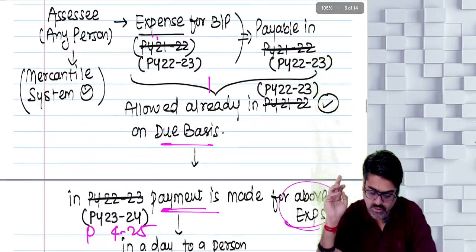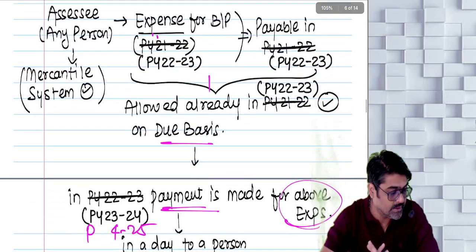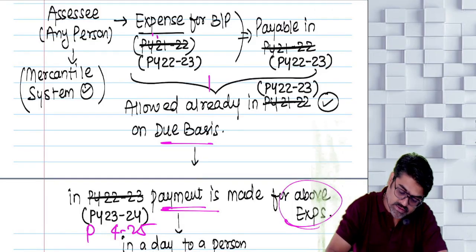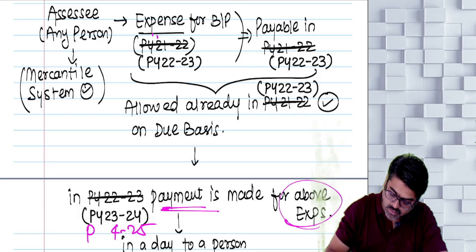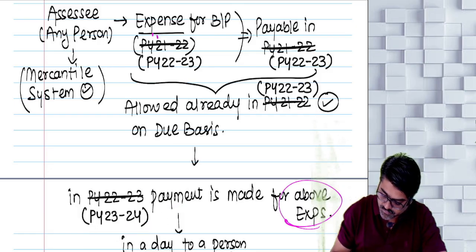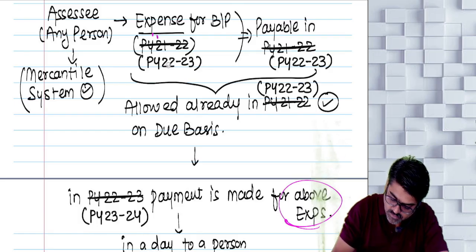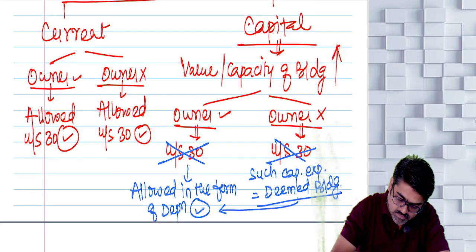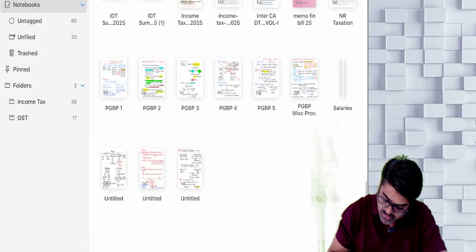Okay. Now see, now there is one important discussion which I am going to make. Okay. In this discussion, what is happening now? Assessee is following mercantile system of accounting. Which system of accounting? Mercantile system of accounting. Okay, no? Now, in this mercantile system of accounting, what is happening? I am telling you.